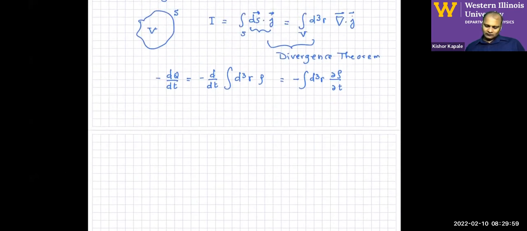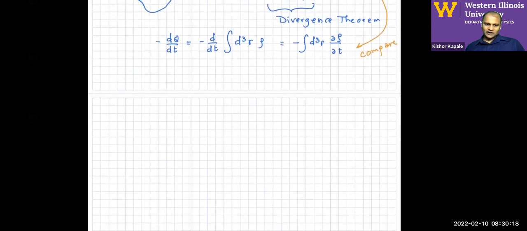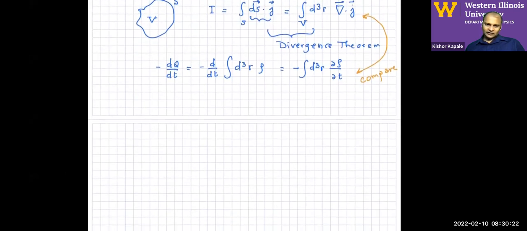And so then what we do now is compare these two volume integrals. When you compare them, you're going to see that the divergence of J and the partial derivative of rho with respect to t need to be related with each other.